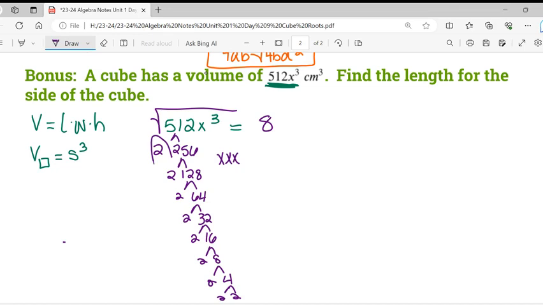So if we look at circling our triplets, 2 and 2, and yep, we've got 3 2's. All of this will be outside of the radical. So this is a cube root there. And we'll have 8x. This is equal to its side length.